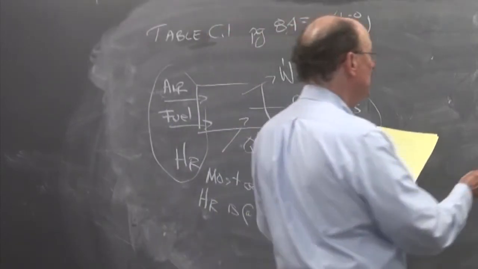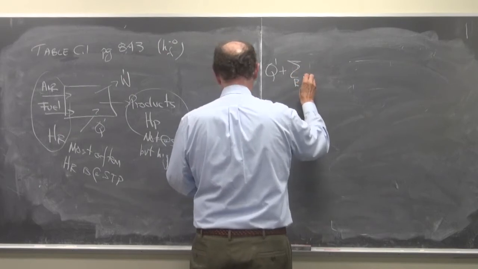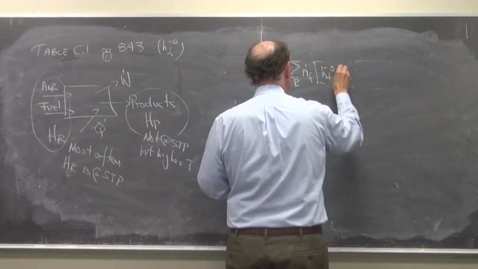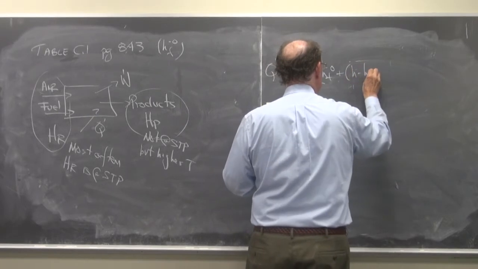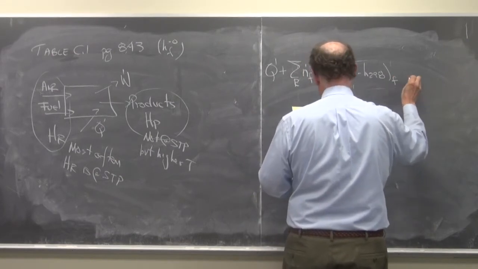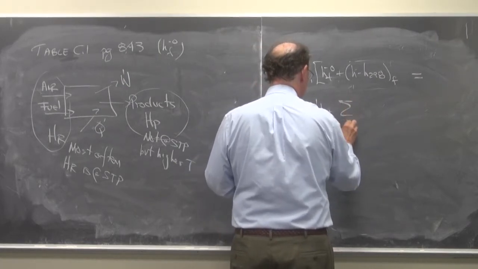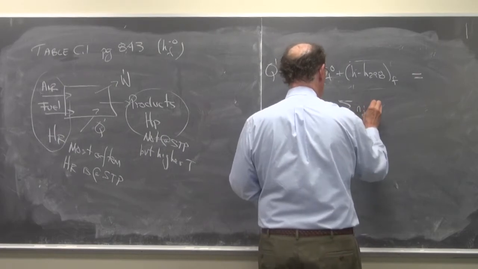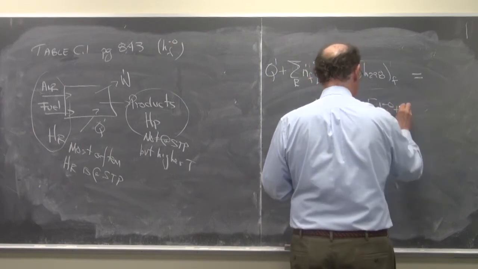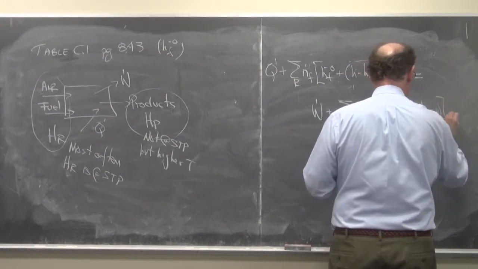So the general first law: I have Q dot plus the sum for the reactants of N dot F times H sub F bar zero plus H minus H298 of the fuel, equal to the power plus the sum for the products of N dot J times H sub F bar zero plus H minus H298 of J.